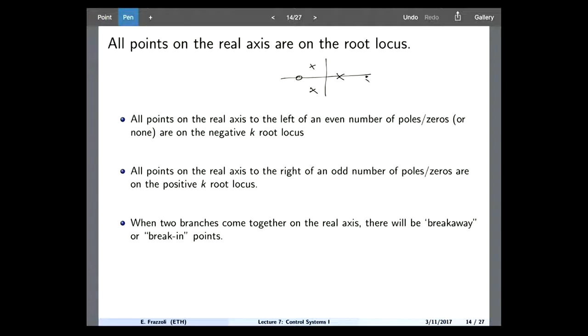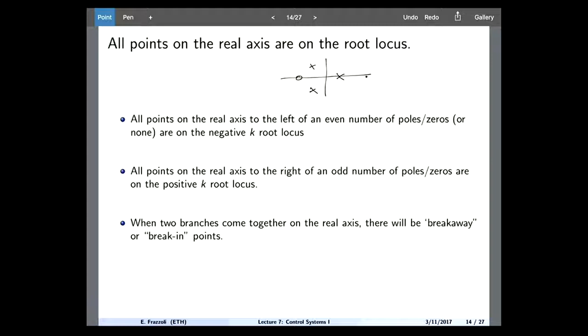It is 0, right? Minus, what is the angle from this pole to that point? Again, it's 0. What is the angle from this pole to that point? Well, it will be, say, 10 degrees, whatever. But what is the angle from this pole to that point?